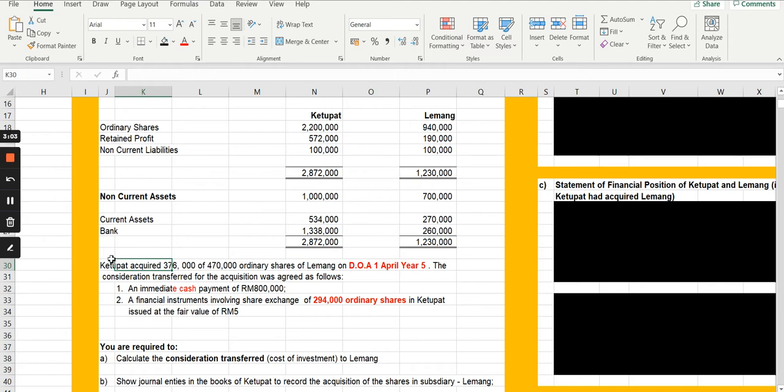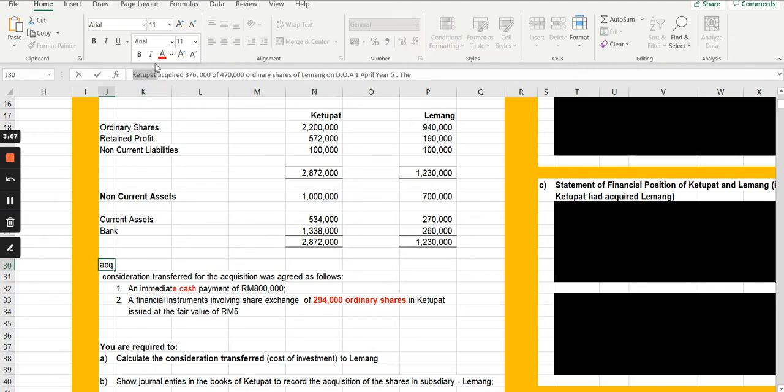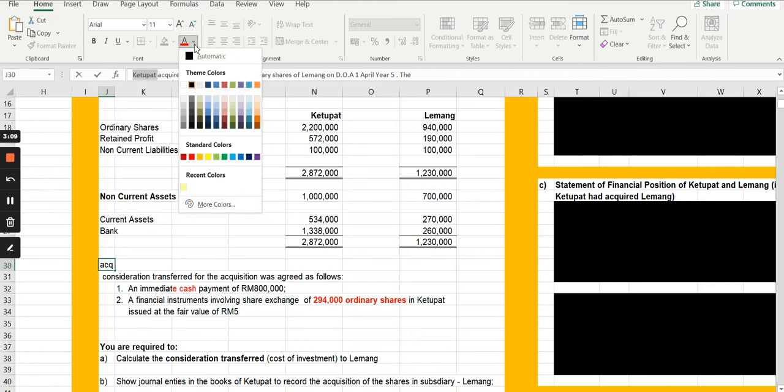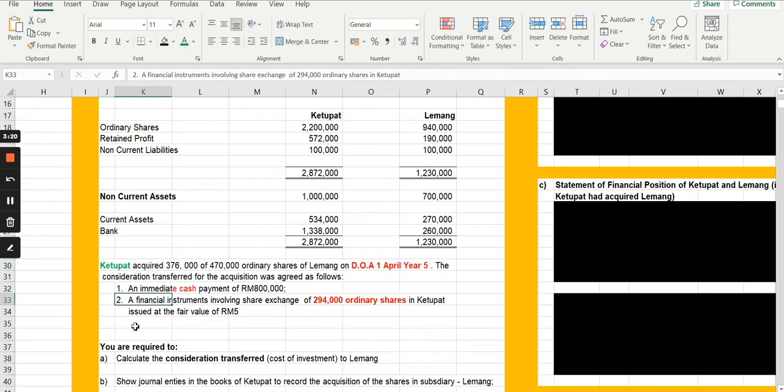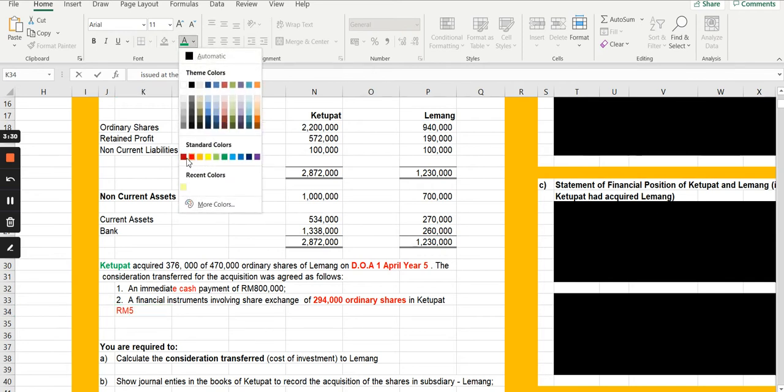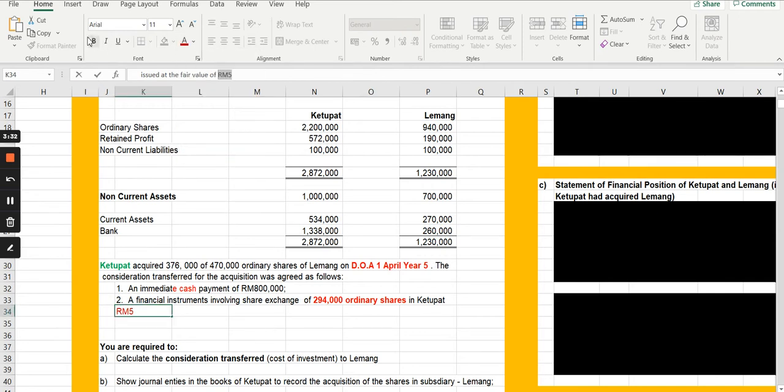So this is the acquirer. The acquirer is Ketupat. So the acquirer will be the one that will have to do the consolidation, because the acquirer has the responsibility to do so if they acquire control in another company. So this one is the fair value of the shares that were issued.